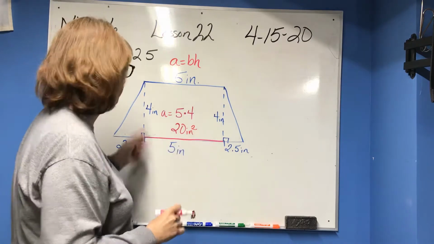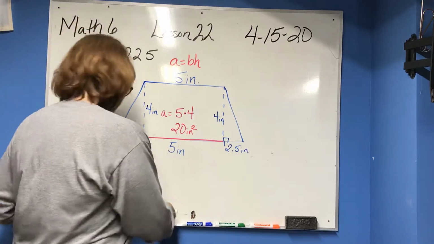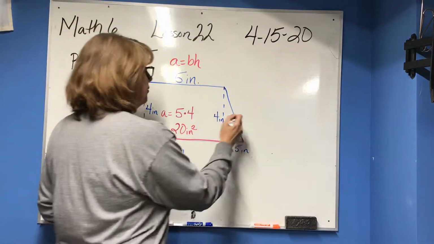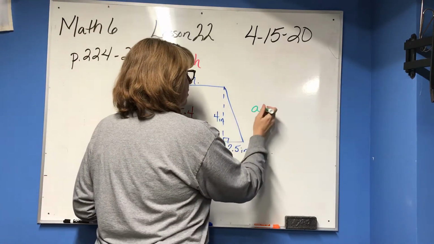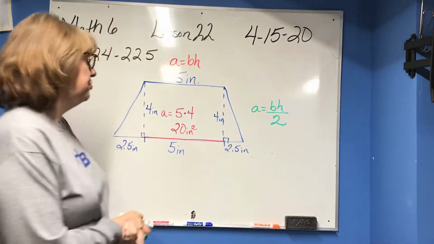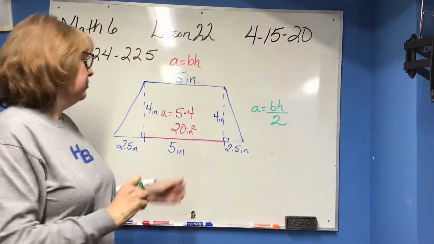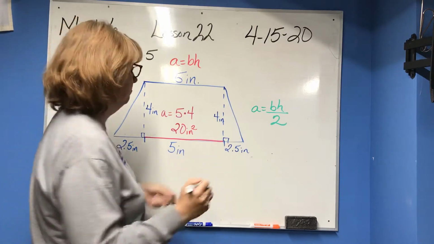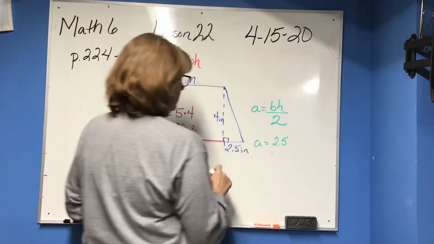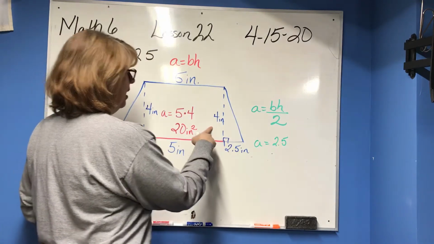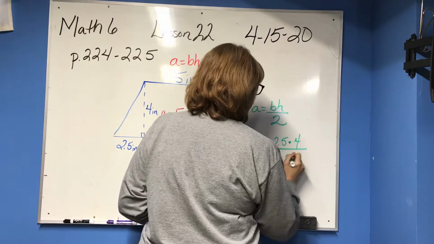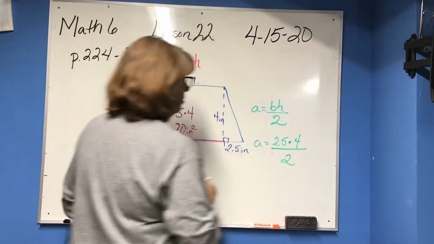All right, that part was easy. Now we have two triangles. I'm going to switch colors. Let's do triangles in green. The formula for a triangle is area equals base times height divided by 2. Let's look at a triangle. What's my base? Area equals 2.5 times, what's my height? 4. And then I'm going to get that answer and divide it by 2.